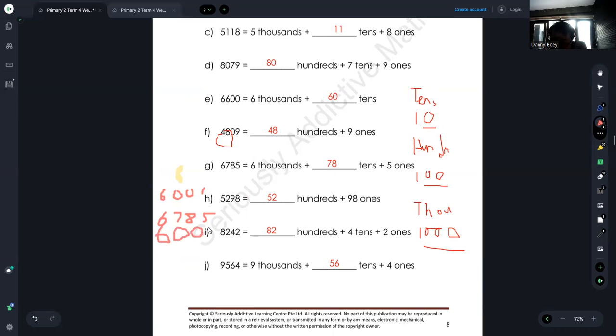Then 6785 minus 6,005: 5 minus 5 is 0, 8, 7, which means 780 is missing.